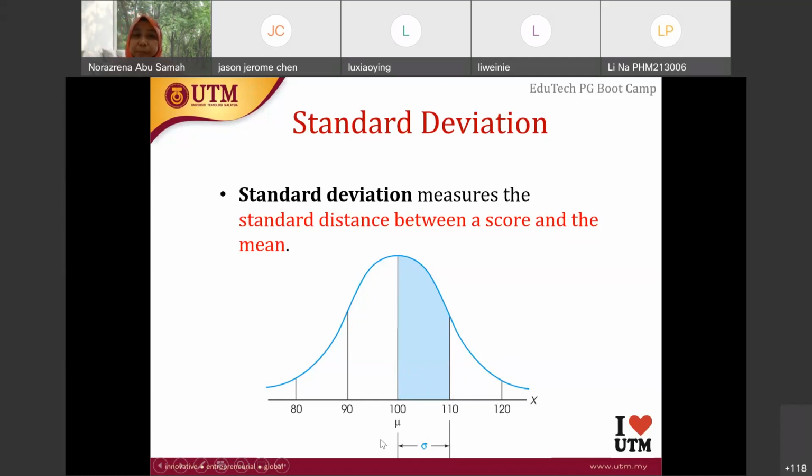Let's say the standard deviation is 10. Then 100 plus 10 is equal to 110, for one standard deviation. So you can see how far the data in the population is from the mean.